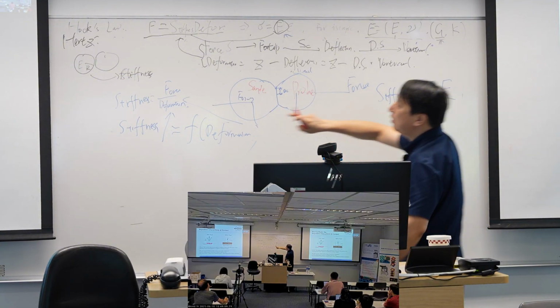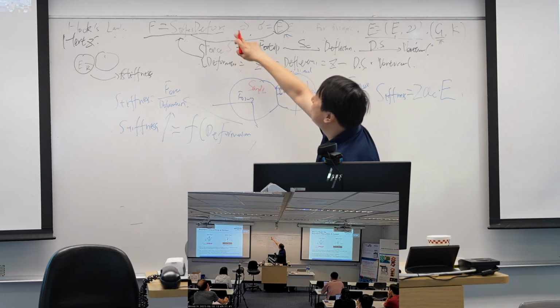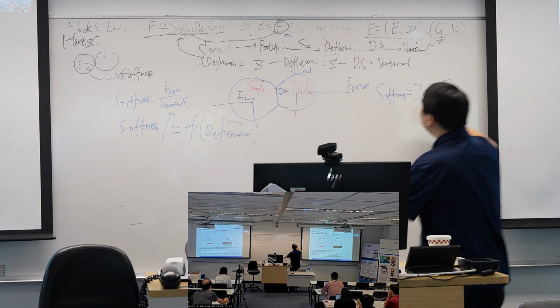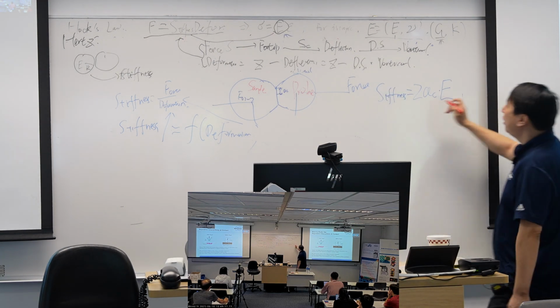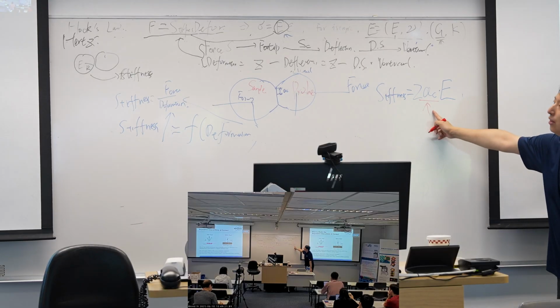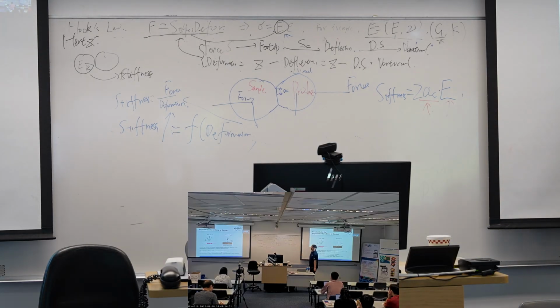So the stiffness we get here is the total stiffness. So we can use the Hertz model. If we can calculate the contact radius, we get the modulus of the system together.